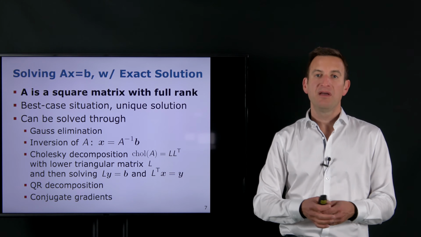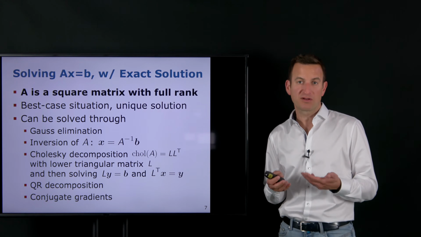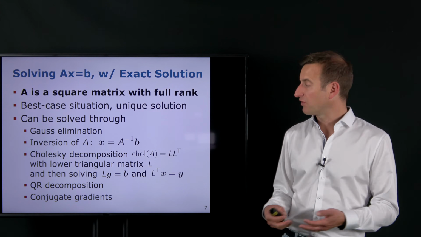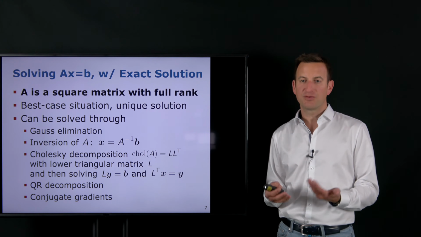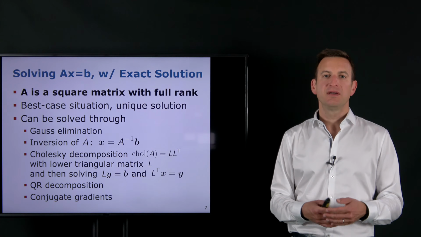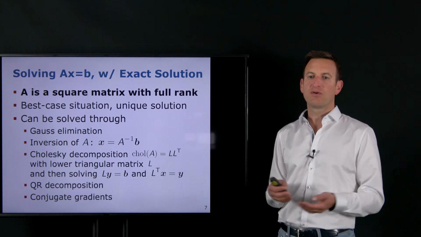This can also become very useful in case your matrix A is sparse, meaning a lot of the entries in this matrix are zero, because then there are even tools such as sparse Cholesky decomposition, which allows you to solve that in a more efficient manner, as shown over here. There are other ways like QR decomposition or conjugate gradients for large systems.